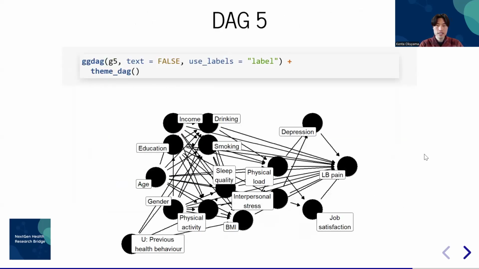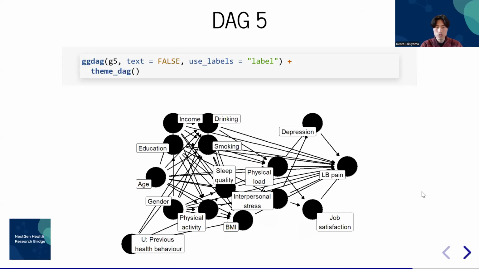Now we get this DAG5 with unmeasured previous health behavior. It is very difficult now to visually assess where the backdoor paths are that may be directly or indirectly connected via a number of variables due to these unmeasured factors.